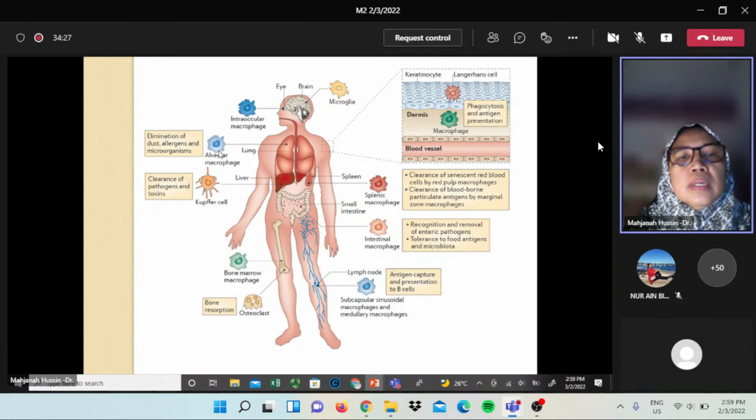Alveolar macrophages are immune cells in your lung. Microglia are immune cells in your brain. You have intraocular macrophage; this is where you can find immune cells in your eyes, because as you know, not all immune cells will be in the blood circulation.